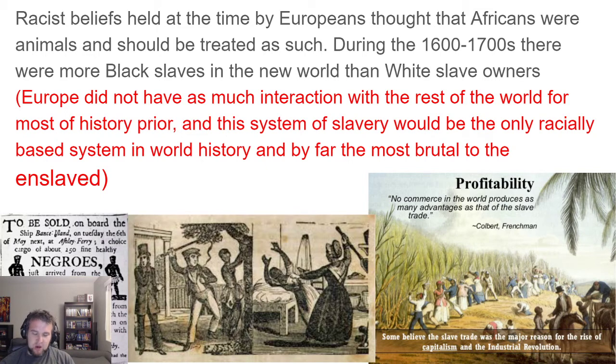And there have been so many examples of slavery over the course of world history, and I've studied many of them. And I think I can confidently say that the system of slavery that was utilized in the New World was by far the most brutal. It was way more brutal than even ancient Rome and ancient Greece.